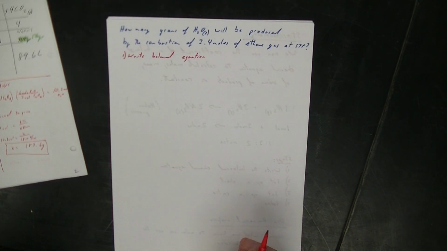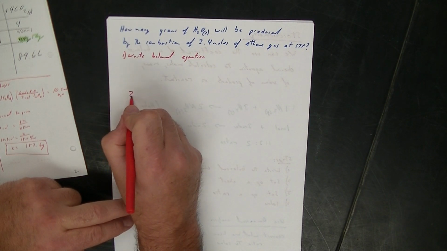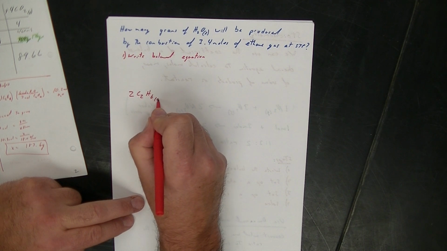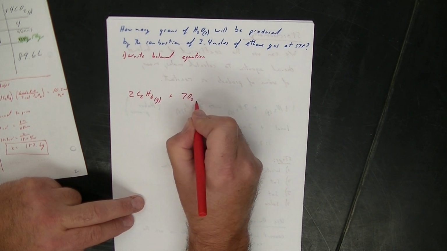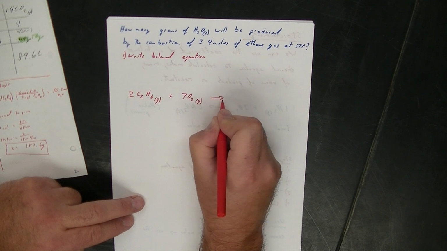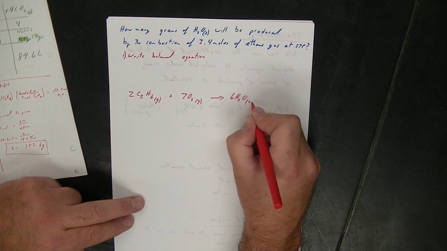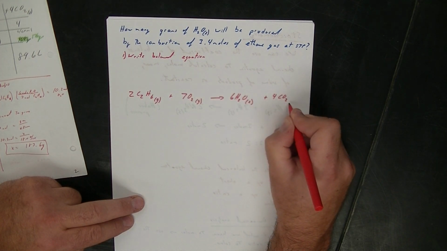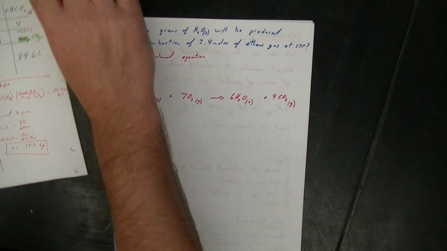Let's just copy that down. So we got 2C2H6 gas plus 7O2 gas producing 6H2O liquid and 4 CO2 gas. So there's our balanced equation.